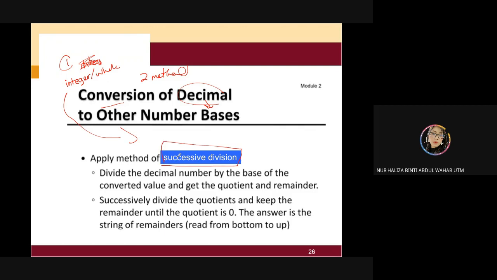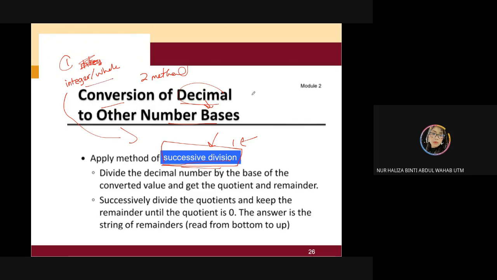I'm not the type of person to remember this kind of term, but you need to remember it. Successive division is the method you use to convert decimal to any number base for an integer or whole number.